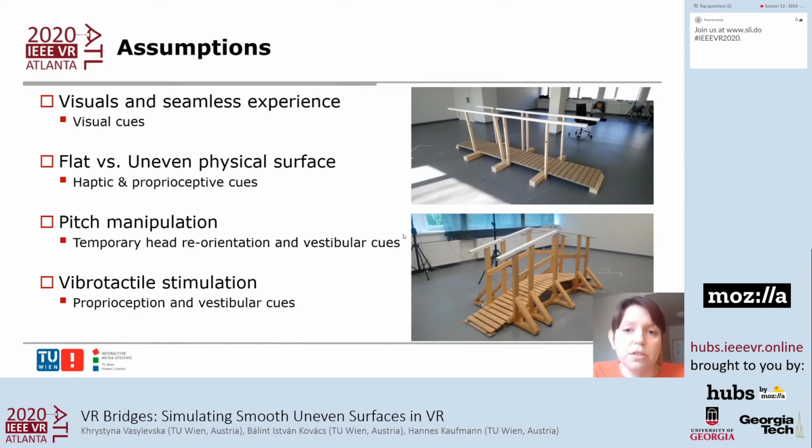Pitch manipulation also seemed promising to contribute to the desired slant perception. And finally, vibrotactile stimulation that lightly shakes the whole body was assumed to support the visual illusion as well, by altering the proprioceptive and vestibular cues.